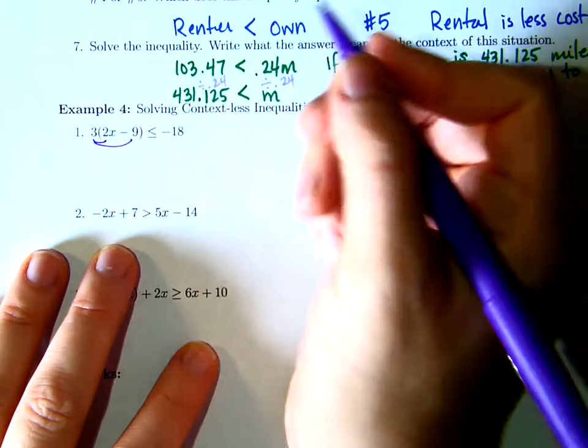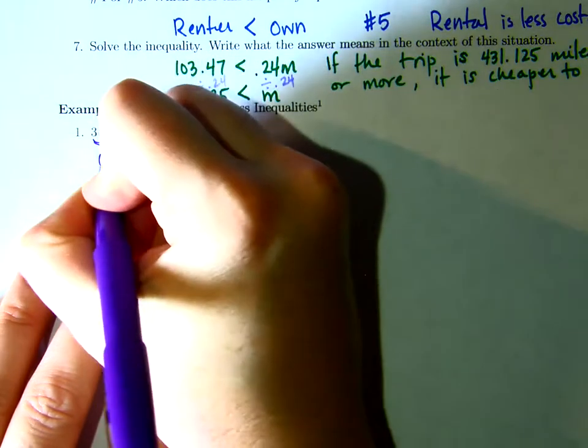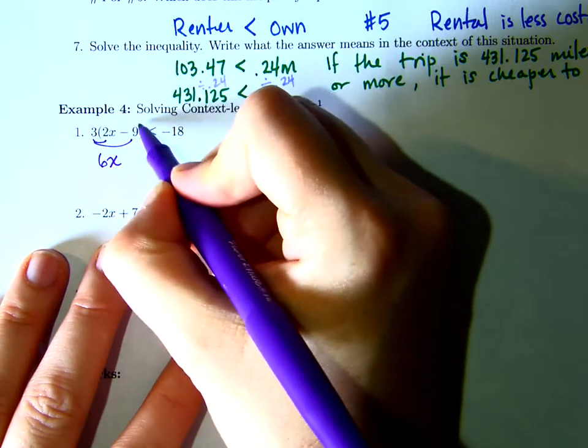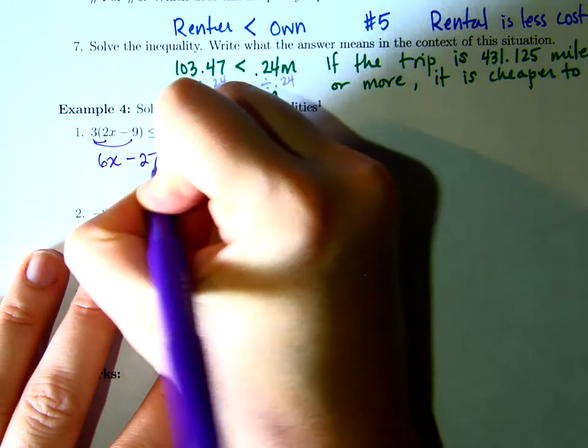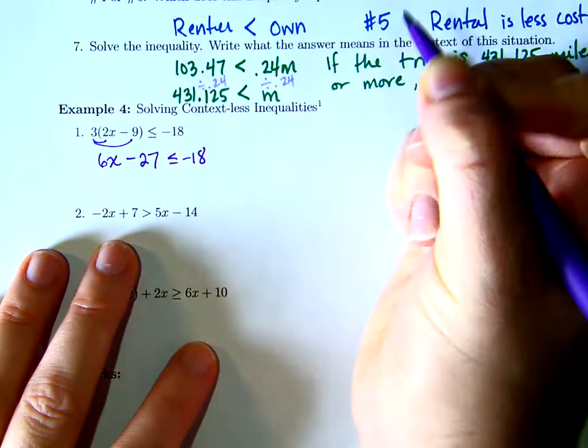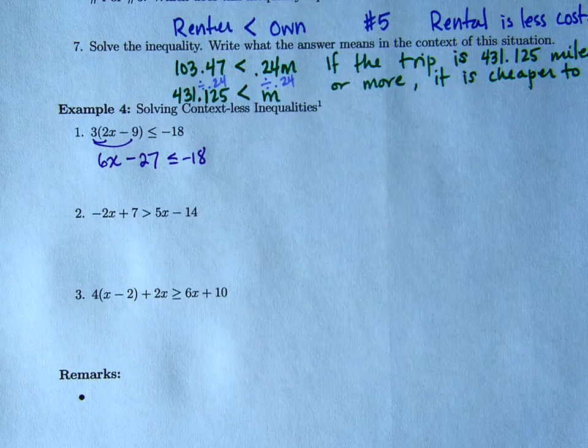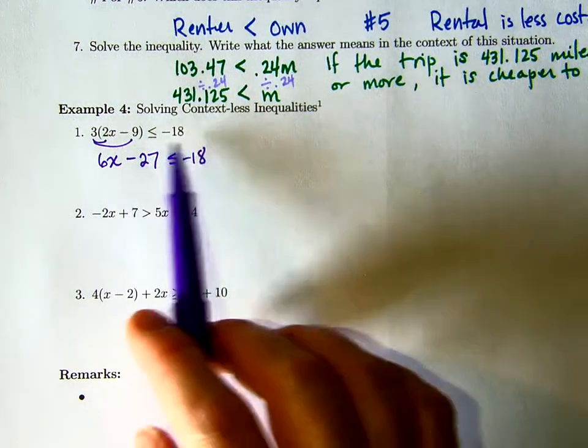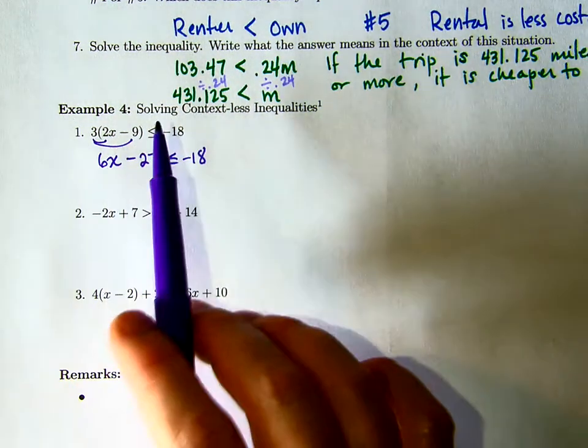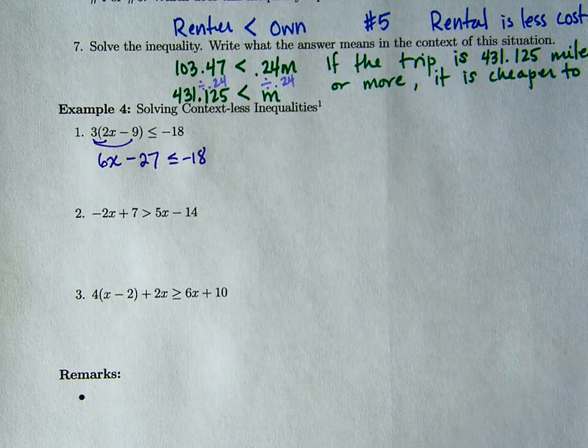So 3 2x's will become 6x's. 3 9's will become 27. Tripled. And I didn't do anything to the other side. I just rewrote that expression.